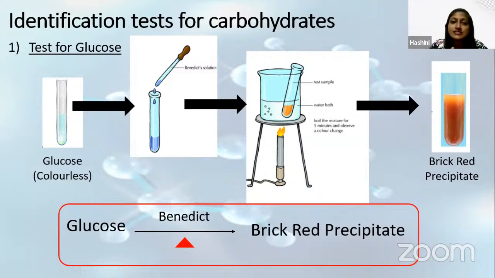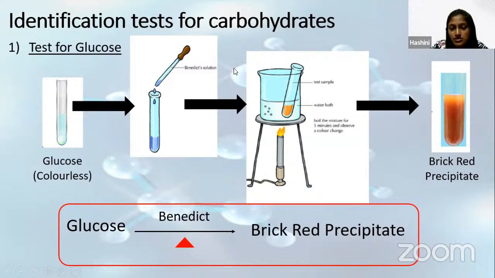We collect this transparent solution into a test tube. Then what is the second most important reagent we need to identify glucose? It is Benedict solution. We add drops of Benedict solution into the glucose-containing test tube.